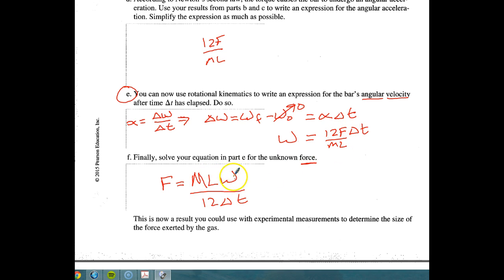So that's ml times omega over 12 times delta t, because the 12 and the delta t have to go on the bottom, and this is our final expression. So now we can use this with experimental measurements. We could determine the force of the exerted gas, and that is the end of 7.6.